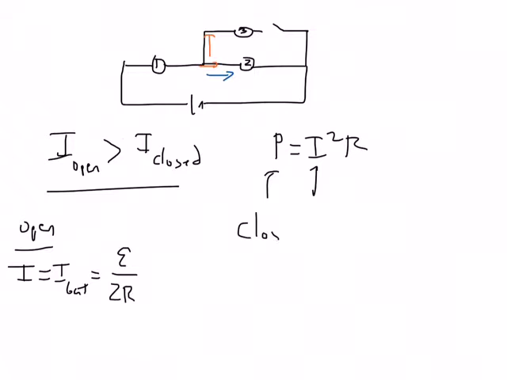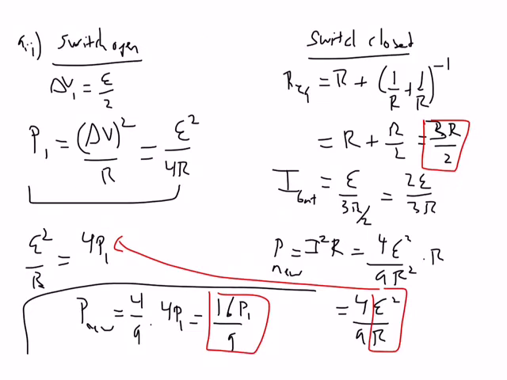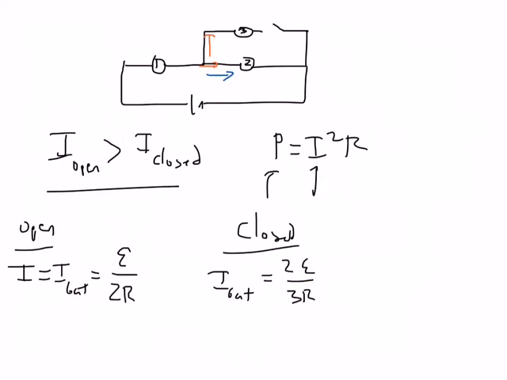When it's closed, we know I battery becomes 2 epsilon over 3R. Let me go back and check that. Yeah, that's this line, right. So we know what the current coming out of the battery is, then we just need to figure out the junction part. And again, this is actually pretty easy because they're identical resistors.